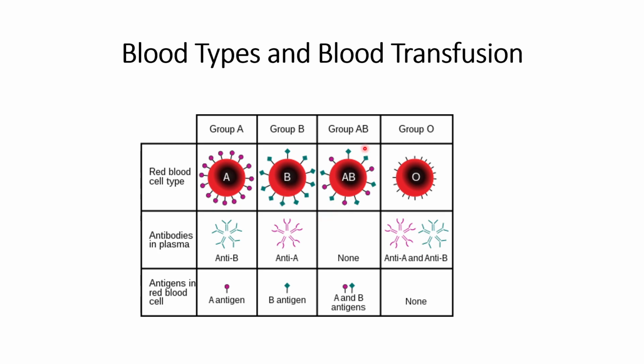First, let us understand the different group types. In group B, the carbohydrate present on the red blood cells is the B antigen, and similar to group A, group B human beings contain antibodies against A, because the A antigen is not present in the body.